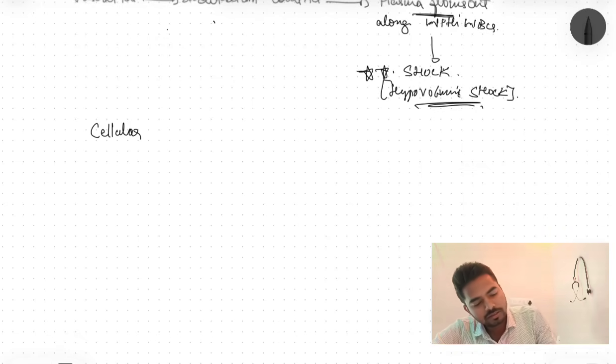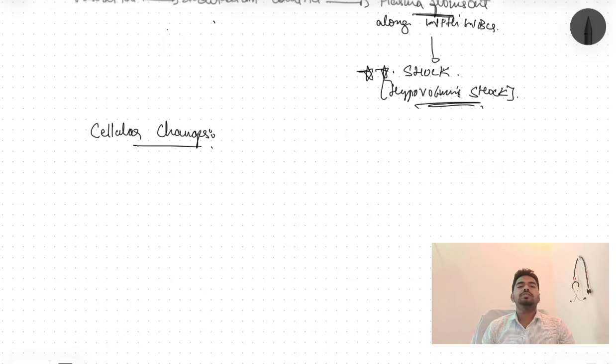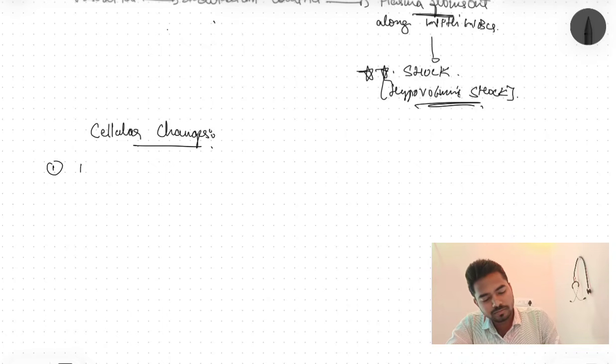Cellular changes. What happens in cells? The first step in cellular changes is rolling.